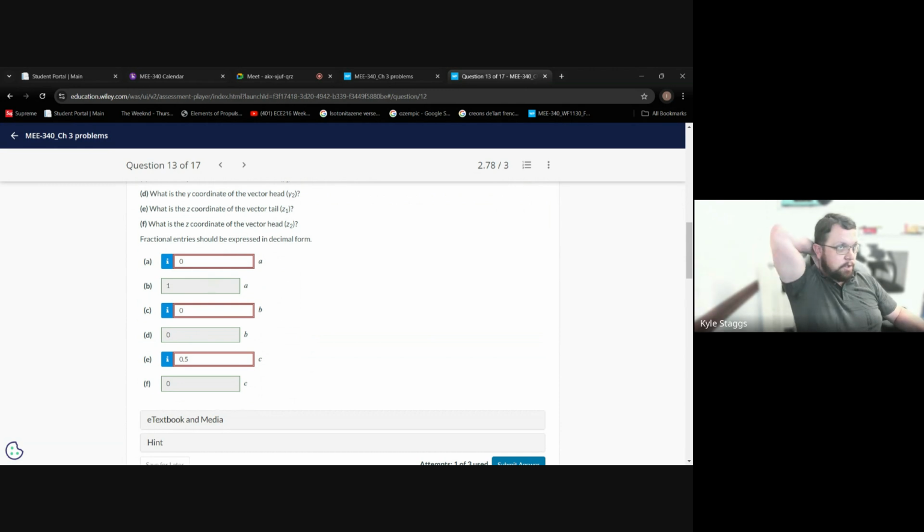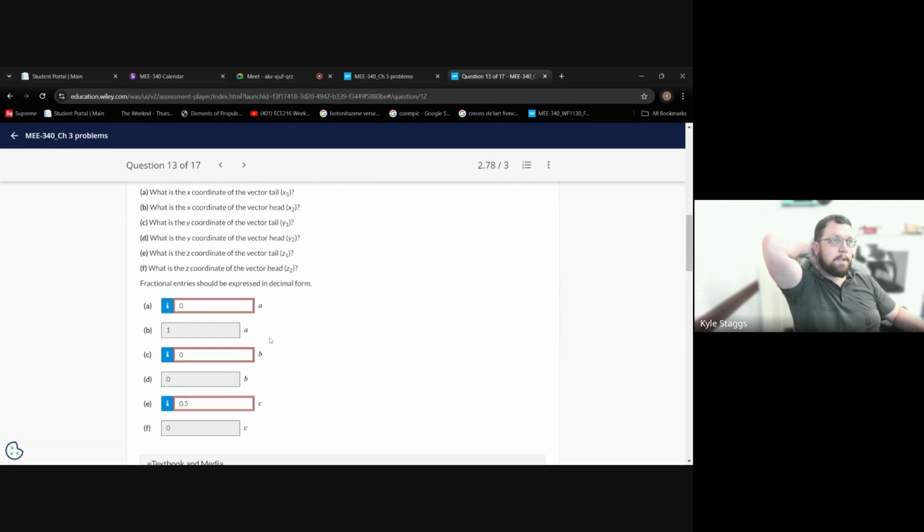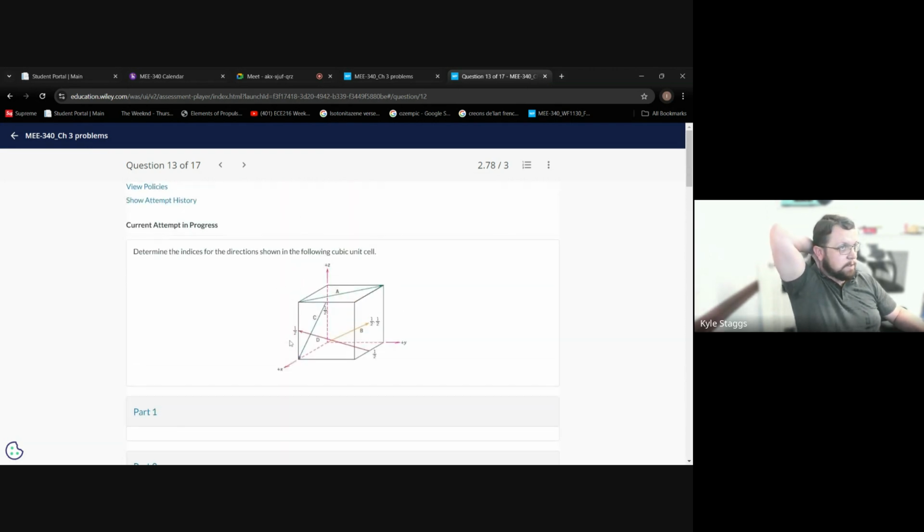That's what that should be, because it should be half in C the way they've given that. But they might be saying it's 1 in Z. You'll have to take a closer look at it.